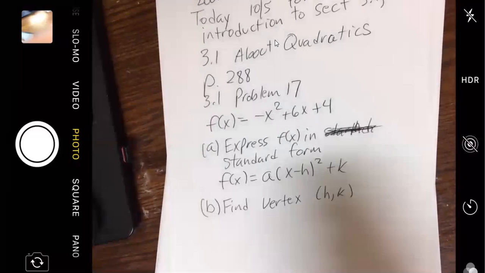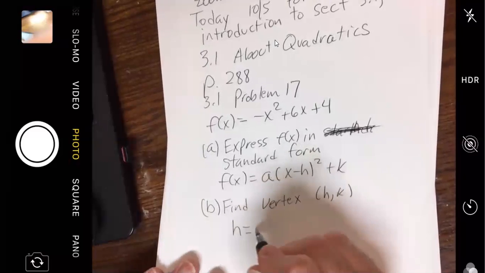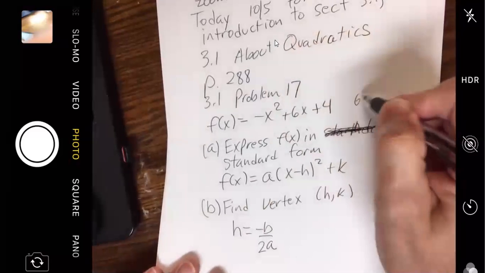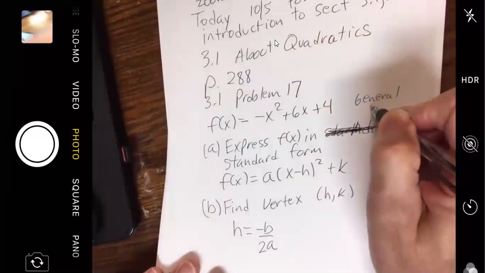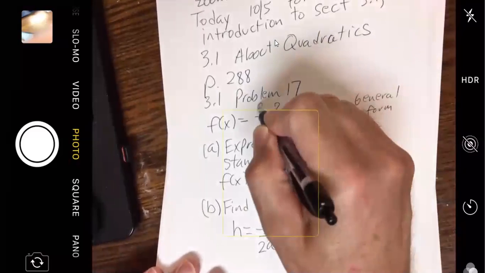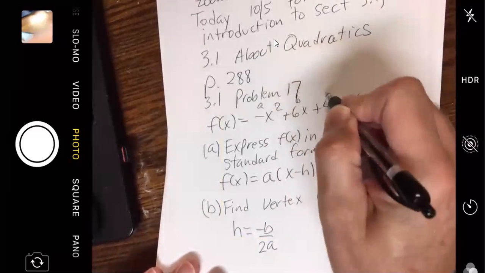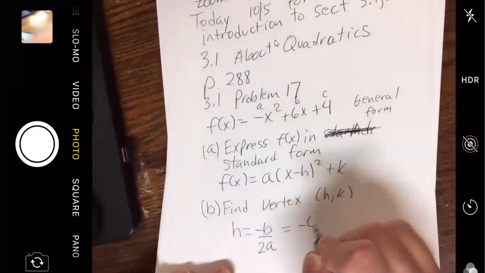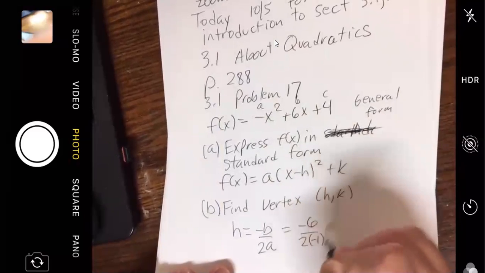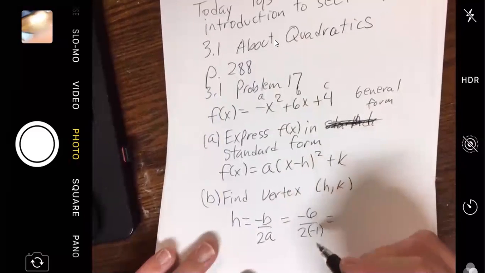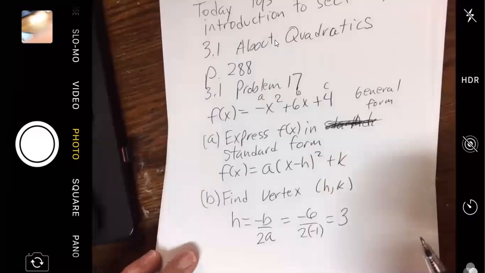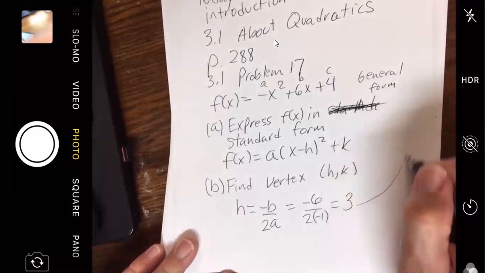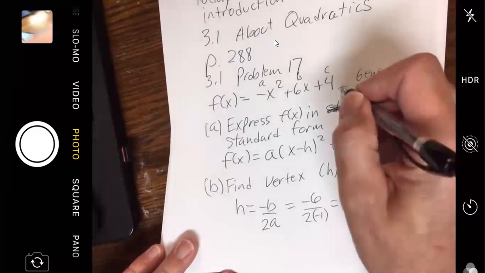And to find the vertex, h is equal to negative b over twice the a. And this is general form: your a is -1, your b is 6, and your c is 4. So you've got -6 over twice -1. -6 over -2 is +3. Then you feed the h back to find k.